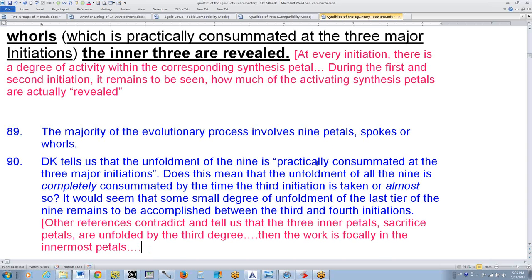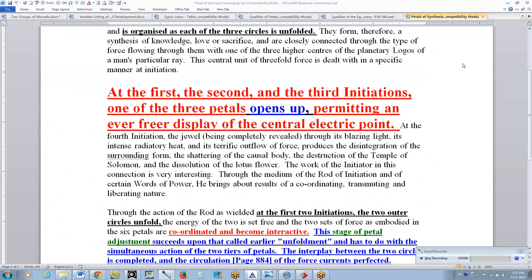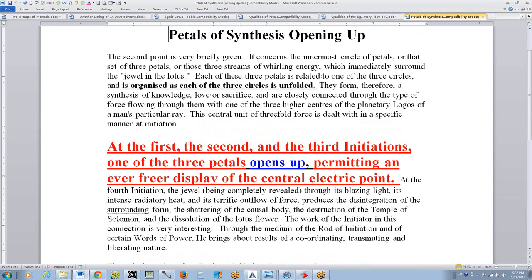So let's take a quick look at something if I can find it. And here is what I wanted to find. It is a reference. Let's see. Each of these 3 petals is related to one of the 3 circles and is organized as each of the 3 circles is unfolded.